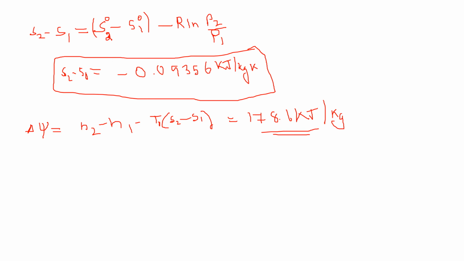So we write it as reversible work in is equal to mass flow rate, which is given to us, times psi 2 minus psi 1.